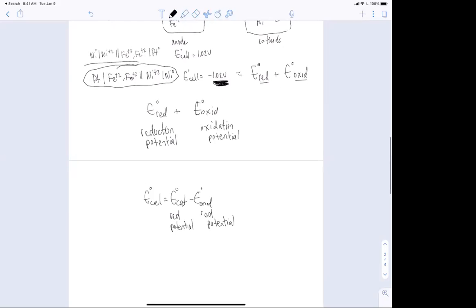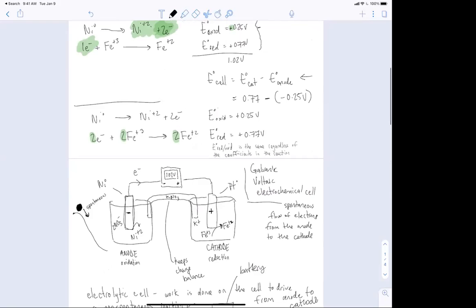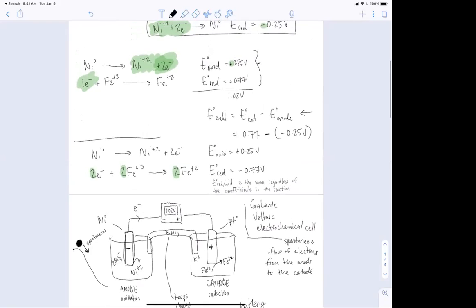So here you're taking, for example, let me grab these from up here.